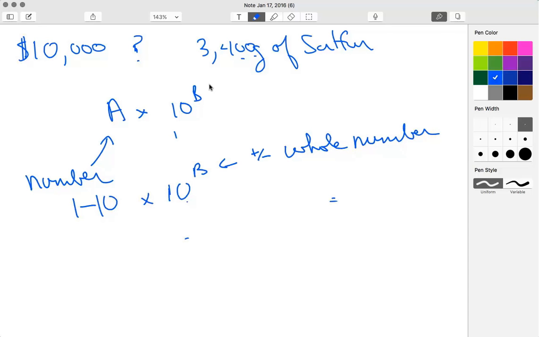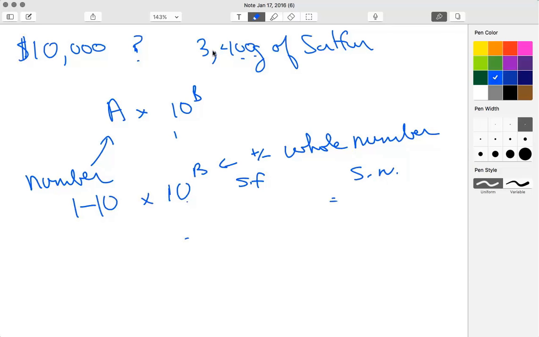So, for example, if this number, 3,400 grams of sulfur, had one significant figure, let's write the number of significant figures here, and I'm going to put the scientific notation. This is how we would communicate it.